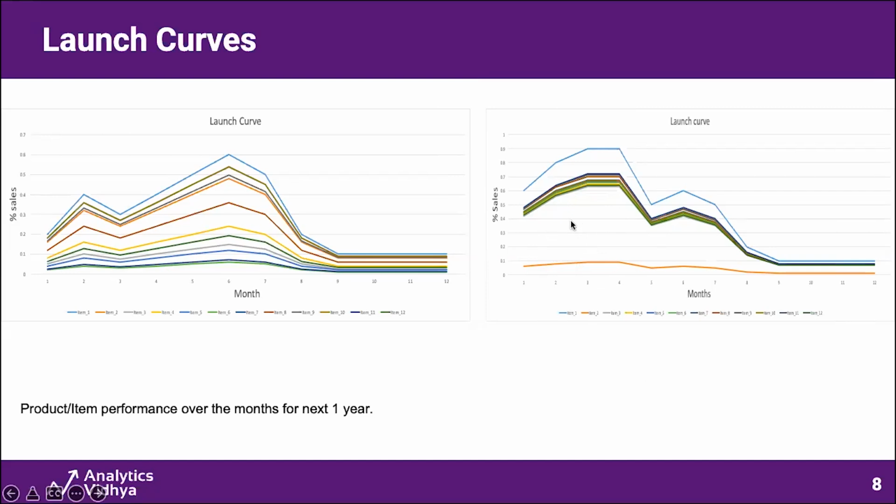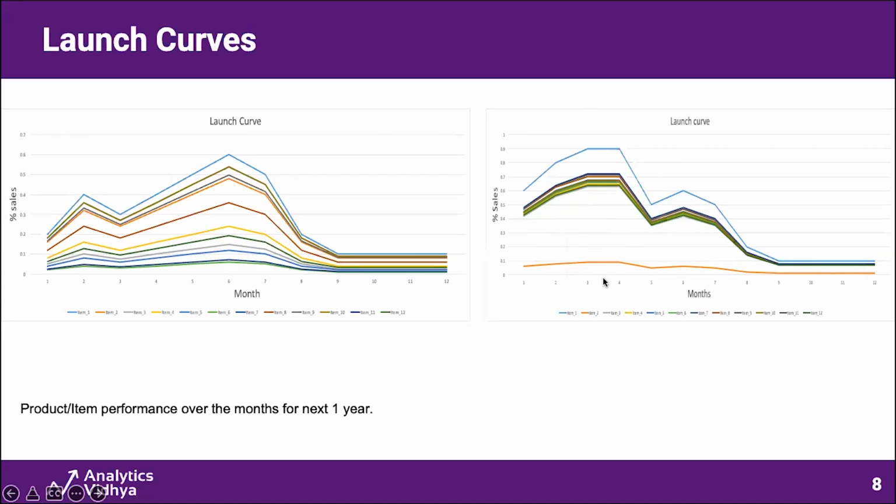It could be the case that this particular item is a very costly item they have launched, and it also can be possible that this particular item is not for everyone. It is for very exclusive people, very premium customers, I would say. That's the reason you see a different pattern in the sales compared to what other data points are showing. So if your launch profiles are not looking very good, what you can do is understand the data points and understand why something is deviating from the population.